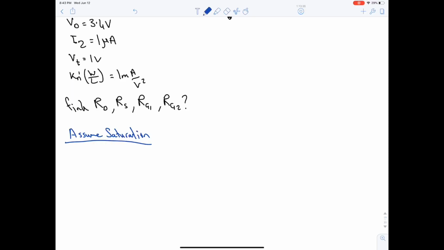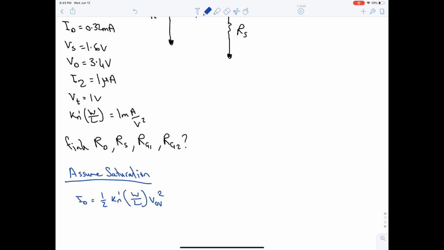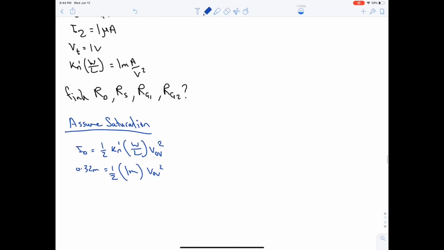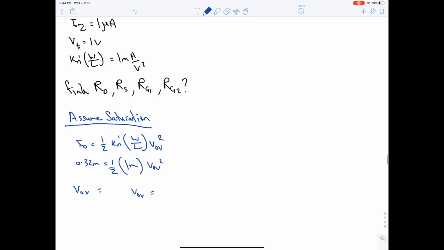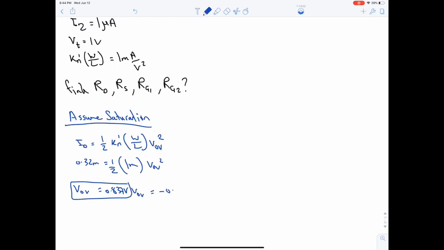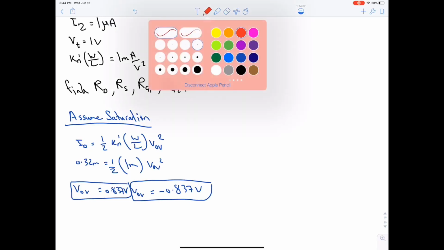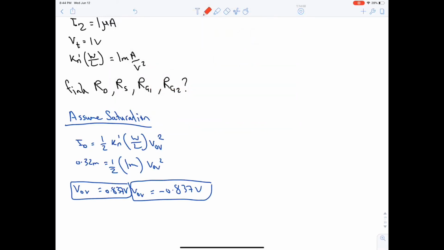Then we will say that ID is equal to half Kn prime W over L VOV squared. ID is 0.32 milli. Half Kn prime is 1 milli VOV squared. This will give us VOV equal to 0.837 volt and minus 0.837 volt. Because we are in NMOS, we will pick the positive number. We will neglect the negative number.